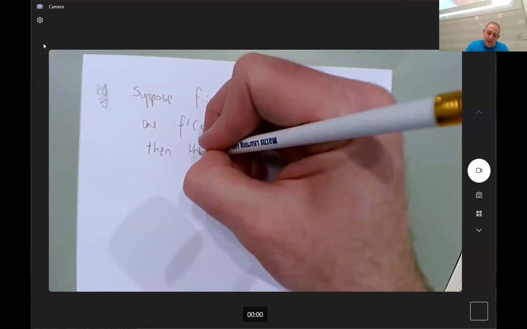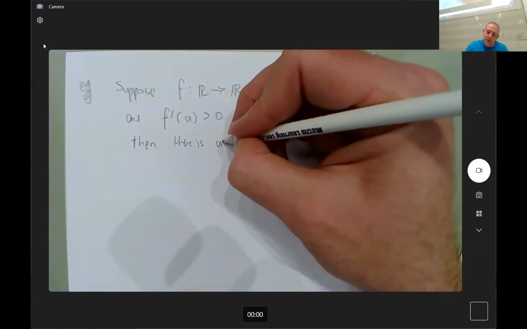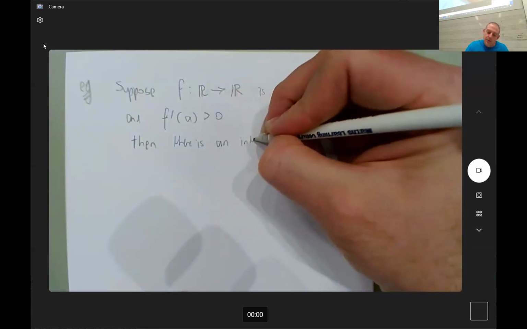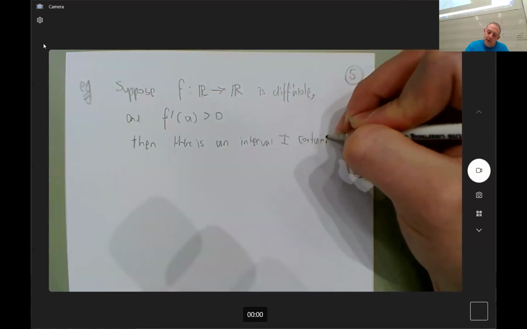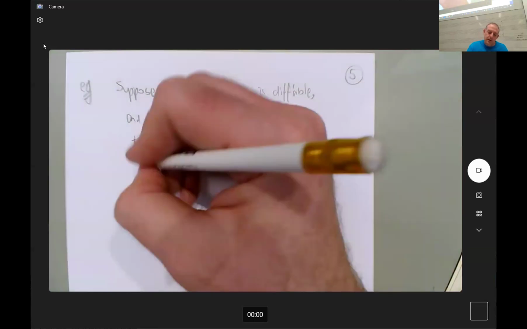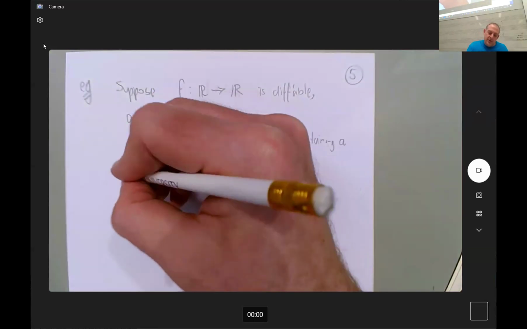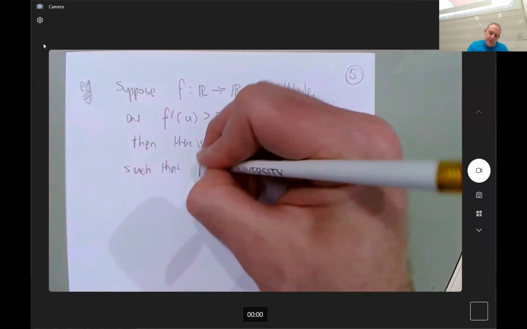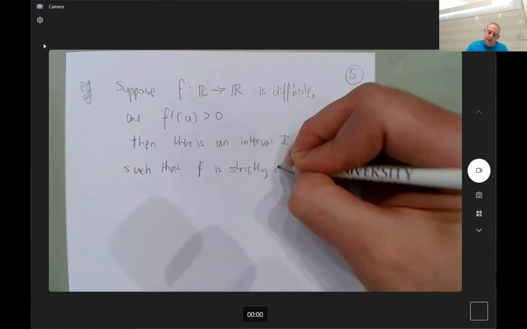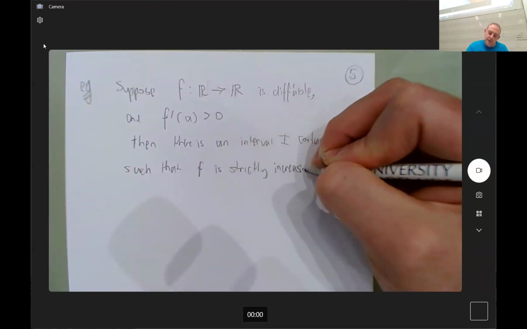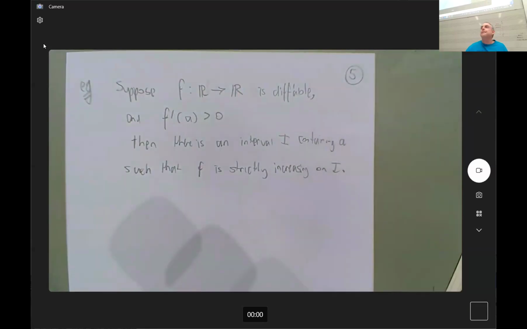Then there is an interval I containing A such that F is strictly increasing on I. That is my thing that I think is true. We'll know if it's true soon.